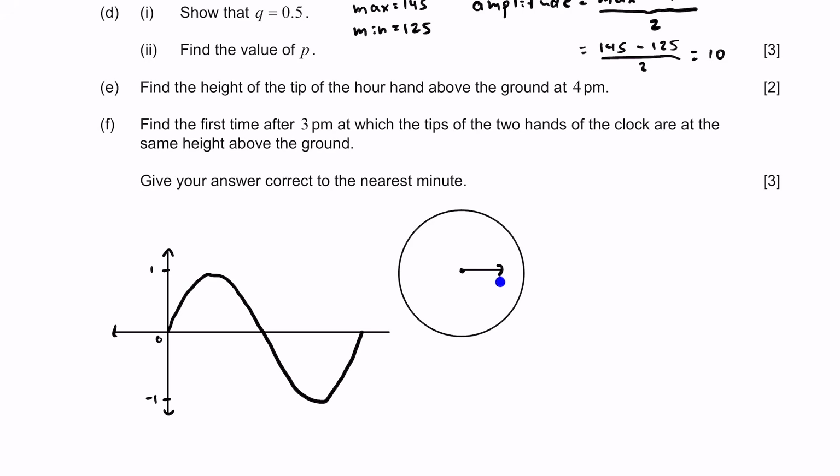When it starts to rotate, if it travels clockwise, this height, which starts at its midline just like our sine does, starts at the halfway point at 3 p.m. But when it rotates clockwise, it's actually going to go down. And that's different than what we have here for this generic f of x equals sine x, because normally our sine function increases and then decreases. But this function actually decreases and then increases.